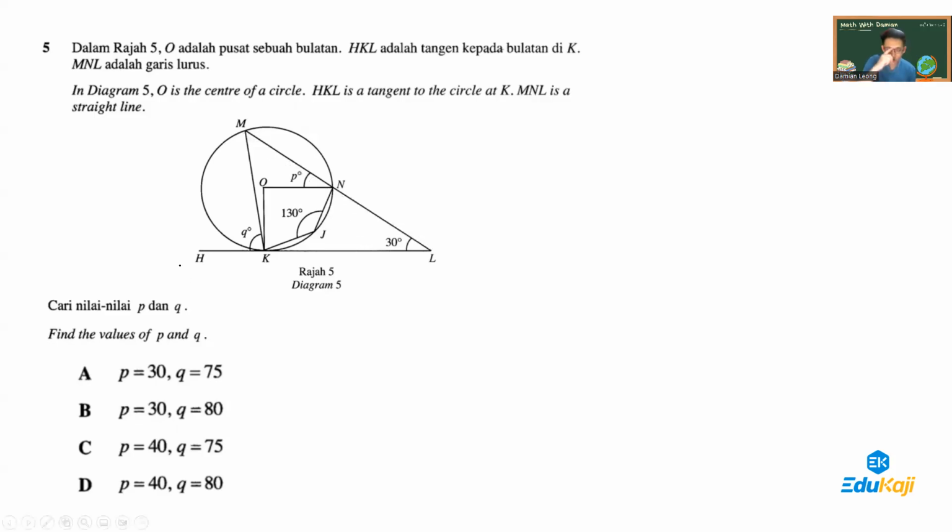And I want to find P and Q. So I have 130 here. Using that, there are a few angles I can find, but let's see which is more useful.